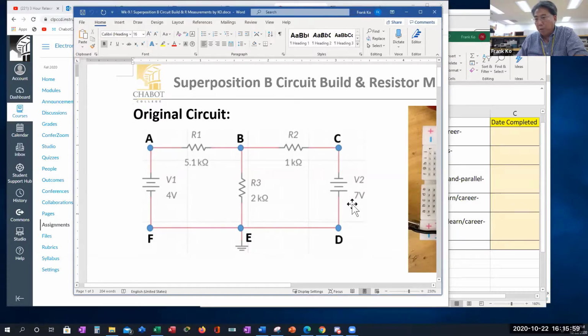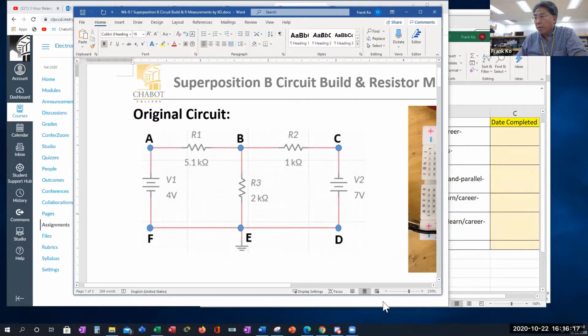So when you do your current directions, you want to be mindful how to deal with the current directions based on V2 moving electrons up as opposed to V1 moving electrons down, okay? So be mindful of that.